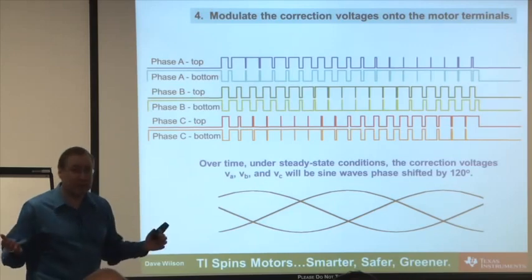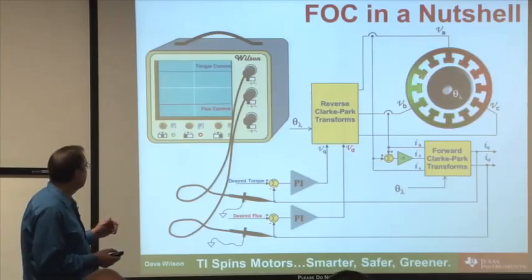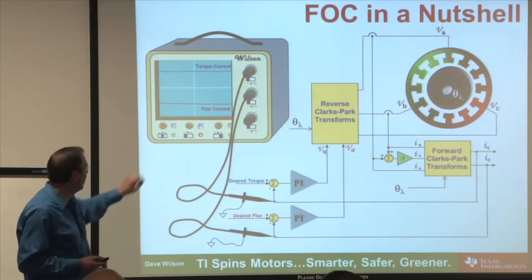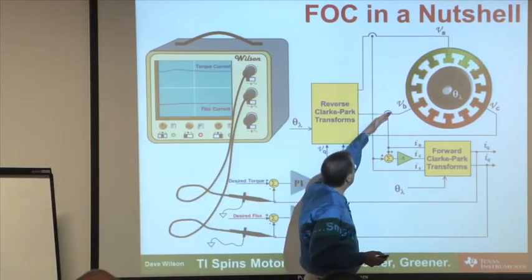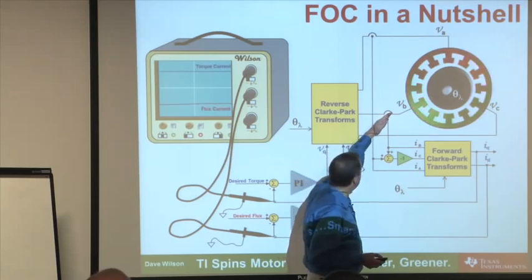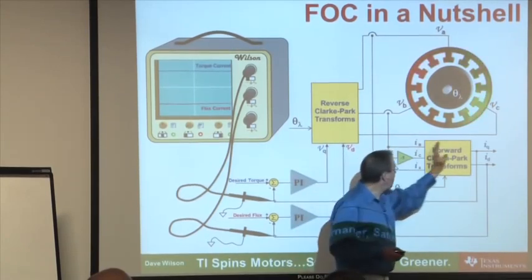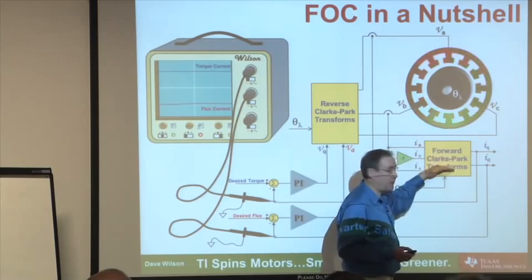And that's it. We've done step 1, step 2, step 3, step 4. Let me summarize the whole thing very quickly. We sample our currents in the stationary reference frame. We generate phase C from the negative addition of phase A and phase B. Then I lump all the transforms together to do the forward Clark-Park transforms.